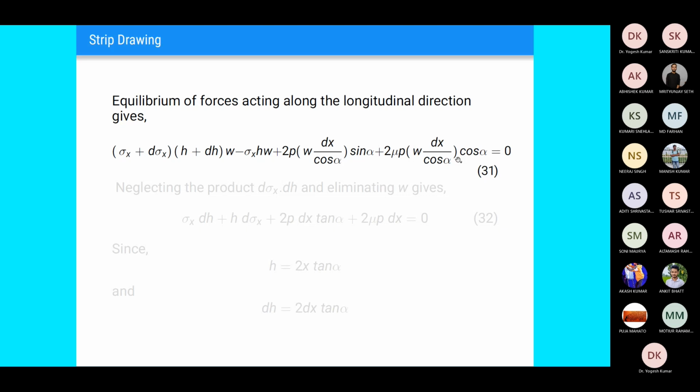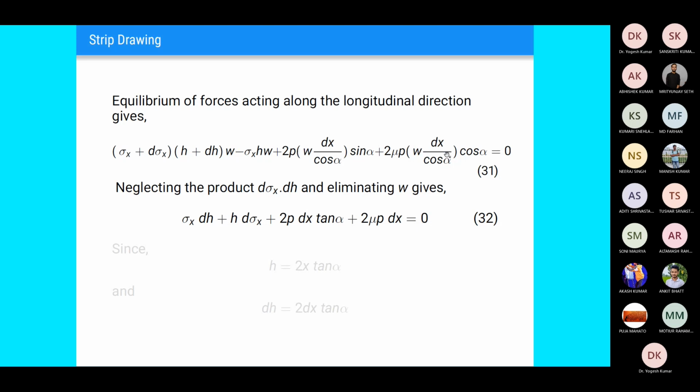Taking the equilibrium of forces in the x direction, it should be equal to 0. Here we can neglect terms, because delta dx and dx will be very small, and the multiplication of these again will be a very small quantity. In the whole term, you can see w is common. Here is w, then this w, then this w.